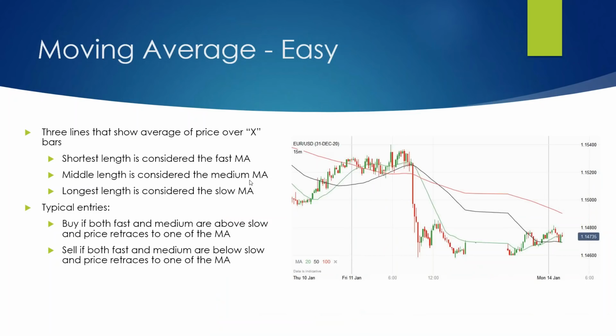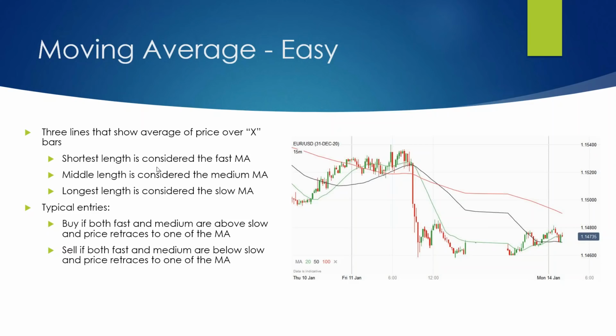Now, the next one is a moving average. In moving averages, there's a couple of different types of moving averages. And we went over the exponential moving average last week, with the week before. This one is just a simple moving average, okay? Now, in this case, there's 3 moving averages that are combined into this one indicator, okay?